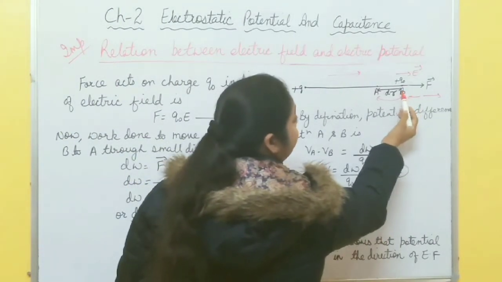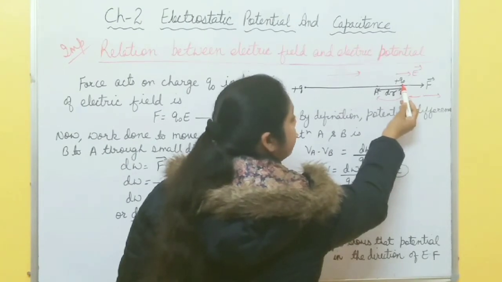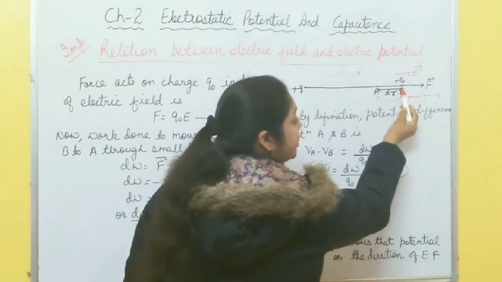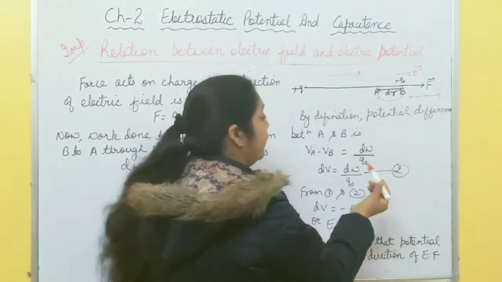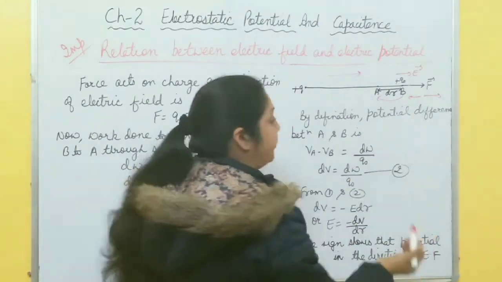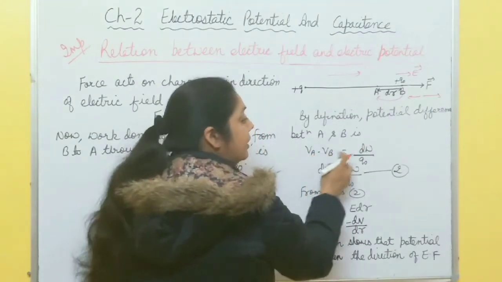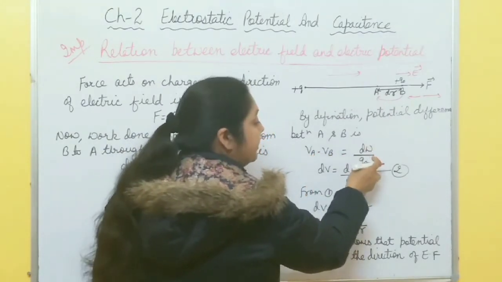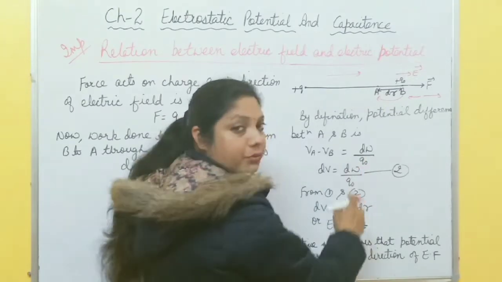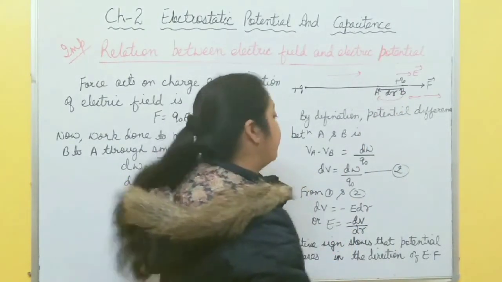The work done to move this positive test charge from position B to position A is nothing but the potential difference. So from B to A, it means VA minus VB, the small amount of work done dW to move a charge Q0 through a distance dr, right?